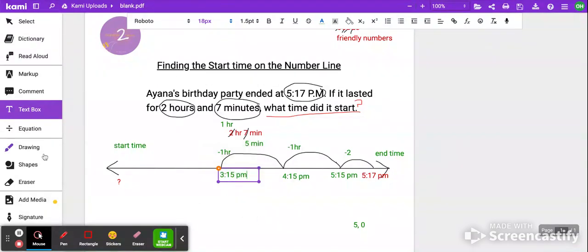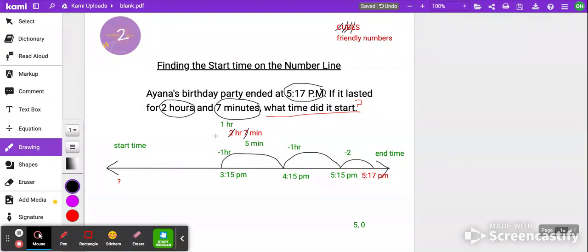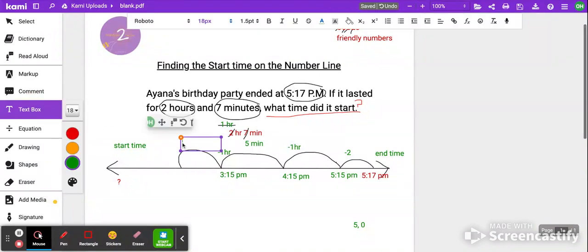All right, so we're on a roll here. Now I'm going to go ahead and line through that 1 hour because I've already subtracted it. All I have left to do is to subtract that 5 minutes. So here, if I'm at 3:15, and if I subtract simply 5 minutes, I'm looking at the 15.